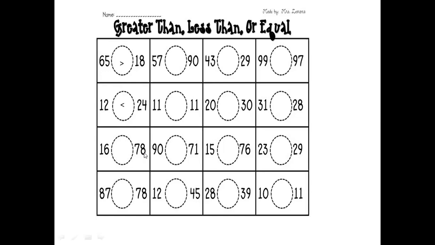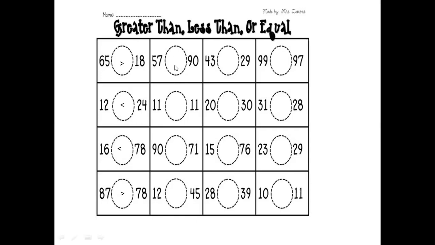Next is 16 and 78. 16 is less than 78. Next, 87 and 78. 87 is big? Yes, the number is big. So 87 is greater than 78.